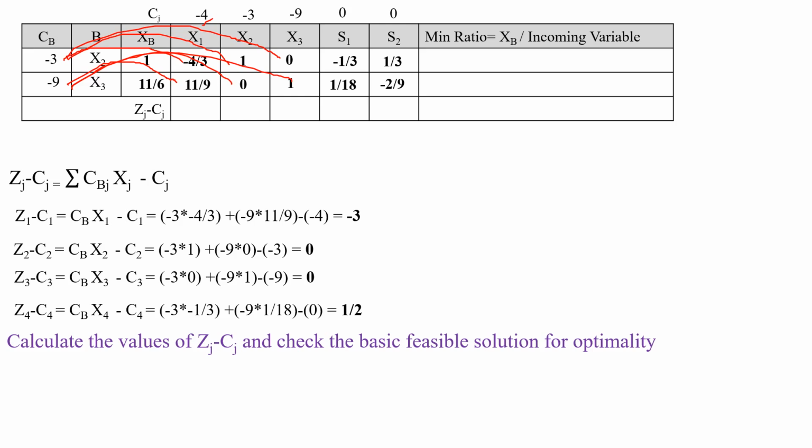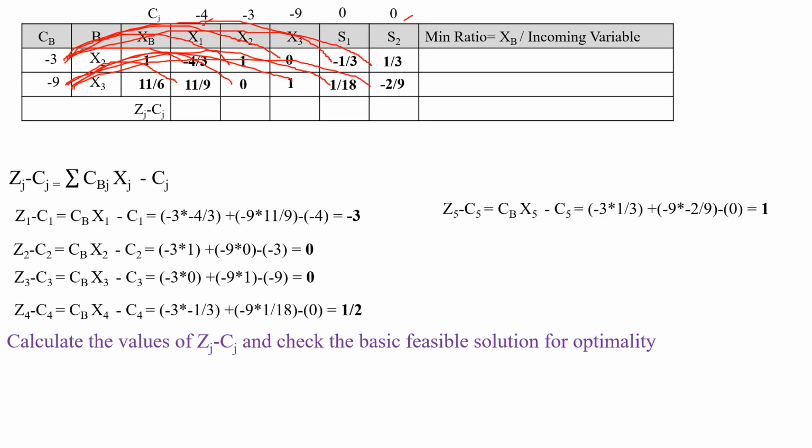Next, Z4 minus C4. This value is minus 3 into minus 1 by 3 plus minus 9 into 1 by 18 minus 0. This value is 1 by 2. Next, Z5 minus C5. This is minus 3 into 1 by 3 plus minus 9 into minus 2 by 9 minus 0. This value is 9.